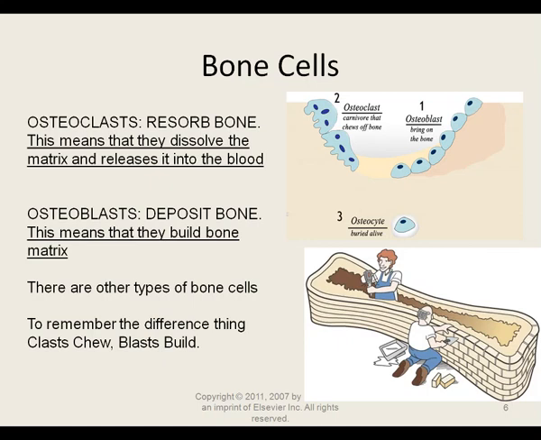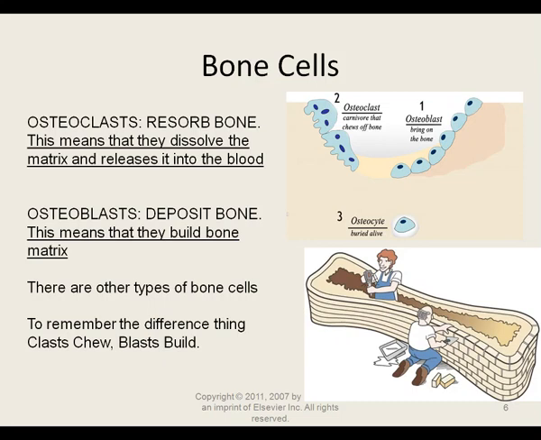So the osteoclasts, their job is to do what's called resorption of bone. Resorption of bone means that the osteoclasts are breaking down the matrix and releasing it into the blood. Okay? I always remember osteoclasts, I think of the C, I think of chew. So the osteoclasts are like chewing off the bone and releasing it into the blood.